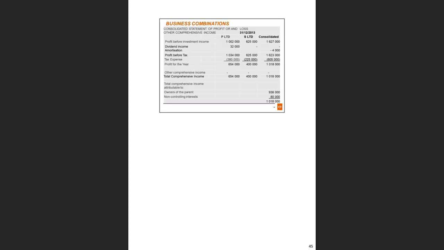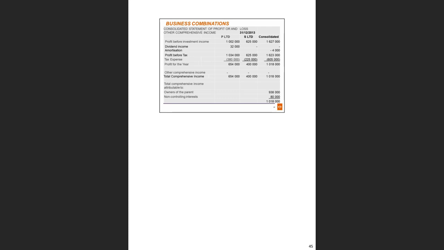So let's have a look at our consolidated statement of profit or loss. So here we are adding P and S together, okay? We had that dividend income. This is the dividend that P received from S, okay? These are the separate financial statements. So we have P Limited and we have S Limited, and this is the consolidated column over here.